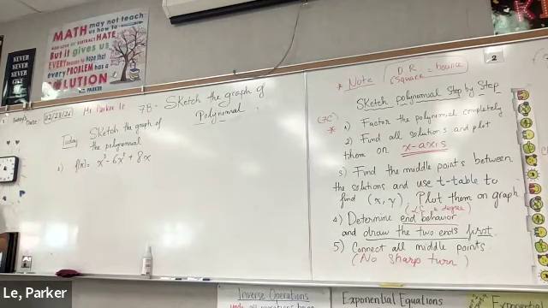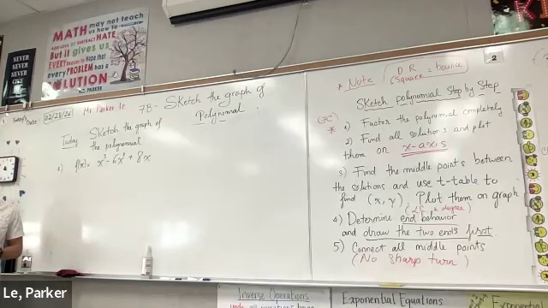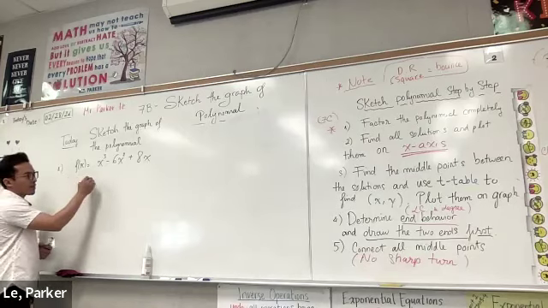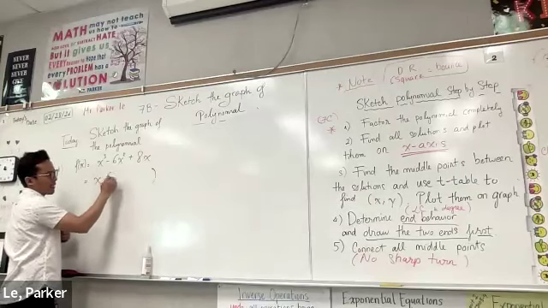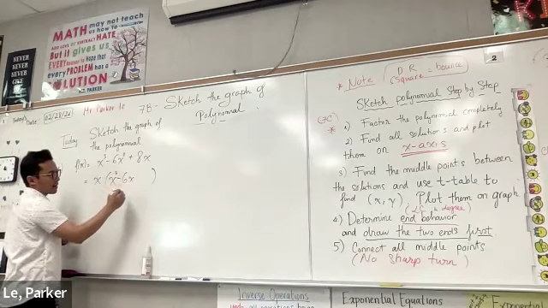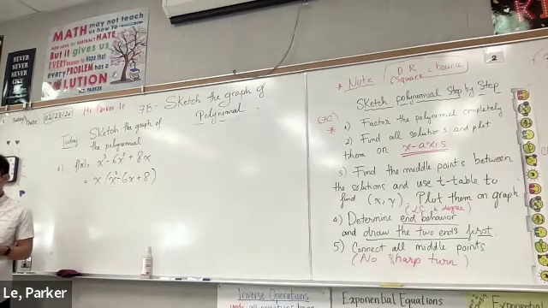Factor. Okay. How do we factor this? How many terms? 3 terms. But what is the first step you need to do? Find the GCD. The GCD, the X, right? So, can anyone tell me? X squared minus 6X plus 8. All right, 3 terms. What do you want to do?